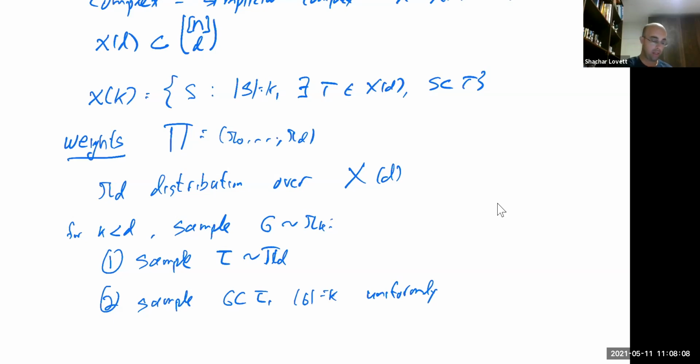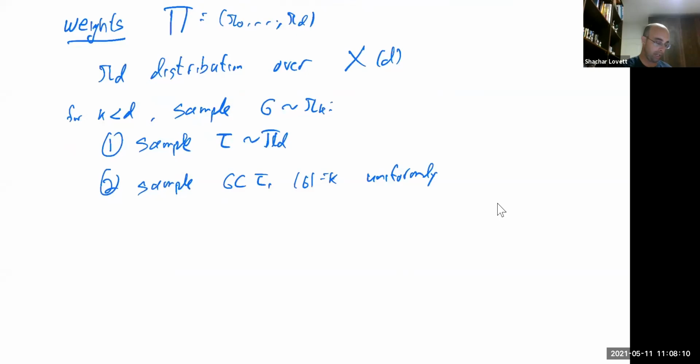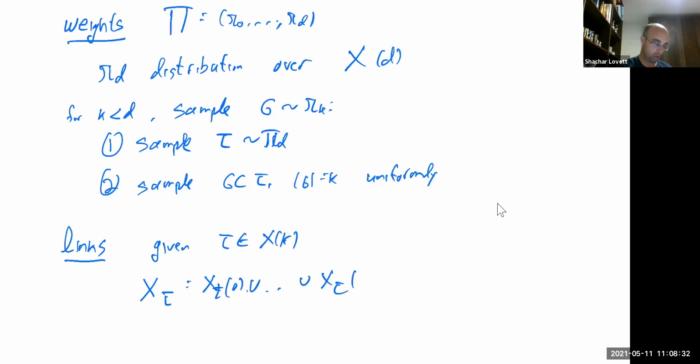Okay. And then the last thing we needed is talking about links, because links are a way that allows us to zoom in on parts of the complex. So given some face tau in Xk, we define the complex X tau to be X tau 0 union ... X tau d minus k.